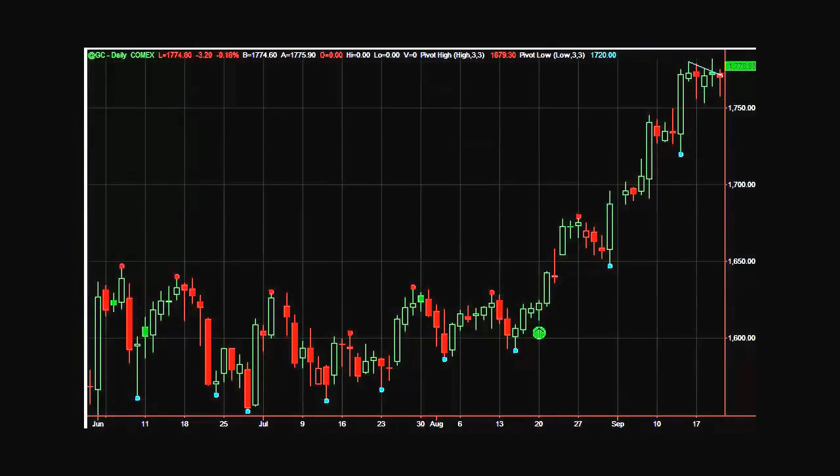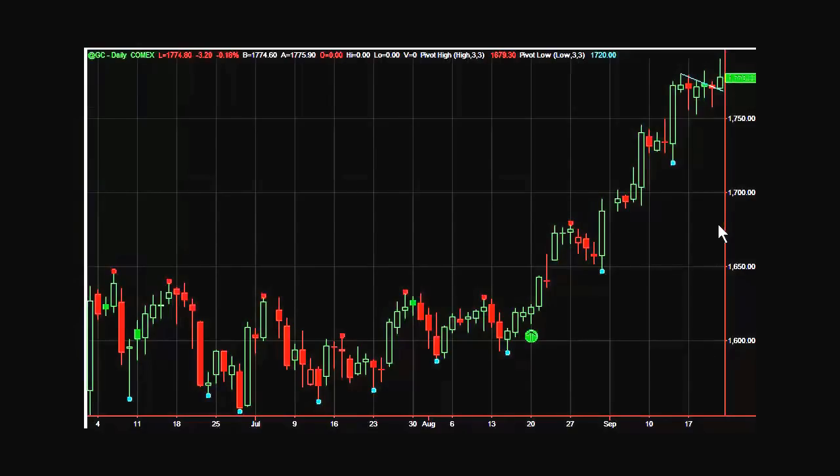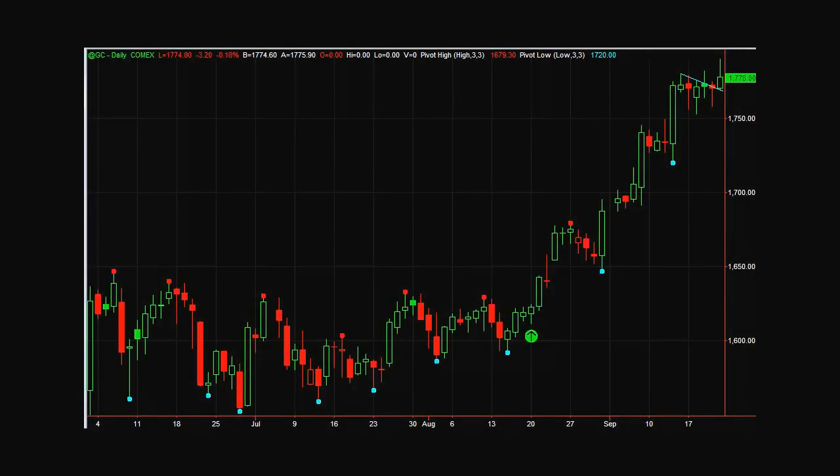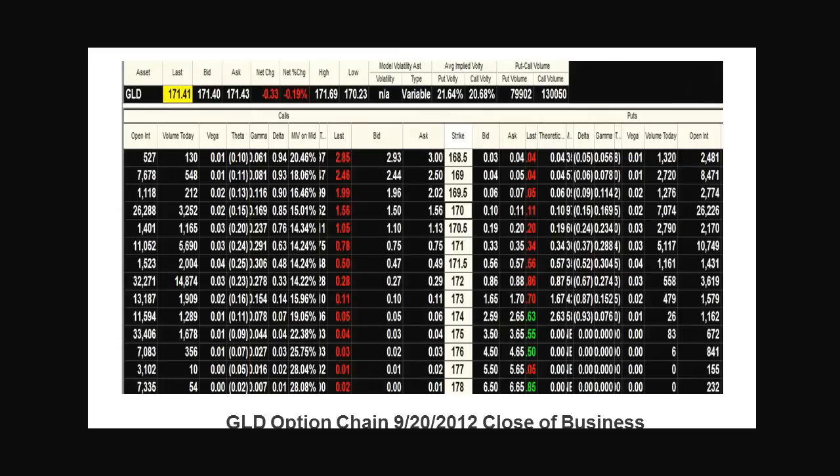And then on Thursday, right here, these red bars down here, the next day was a weekly option expiration day on options. So the next thing we did, we looked at options to see how potentially we could take advantage of a breakout, and I'll show you what happened.